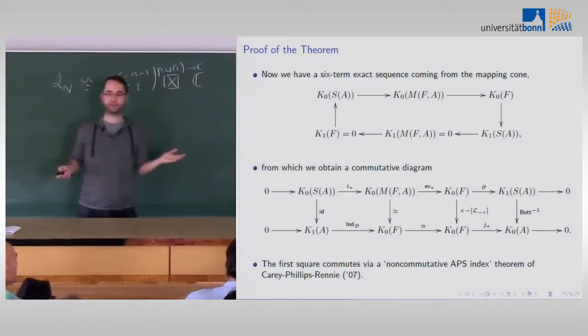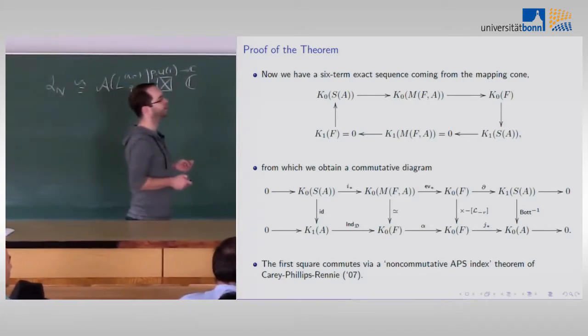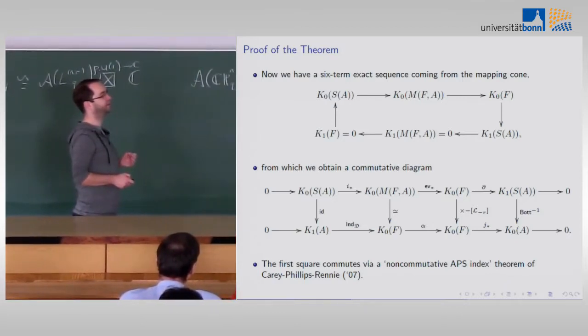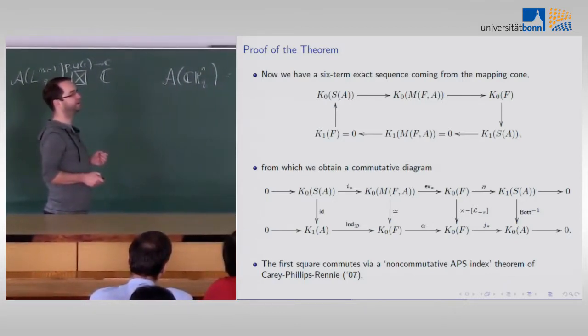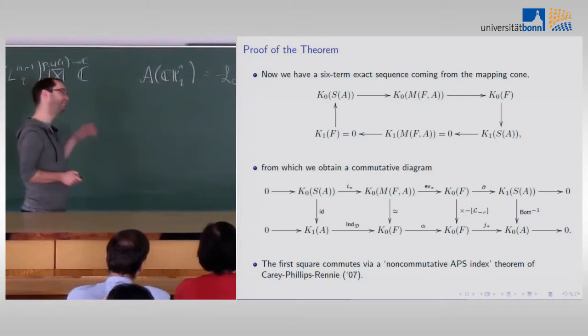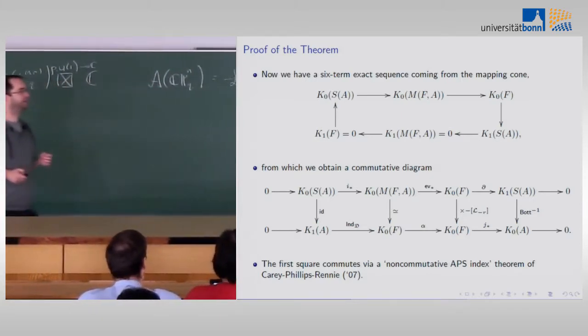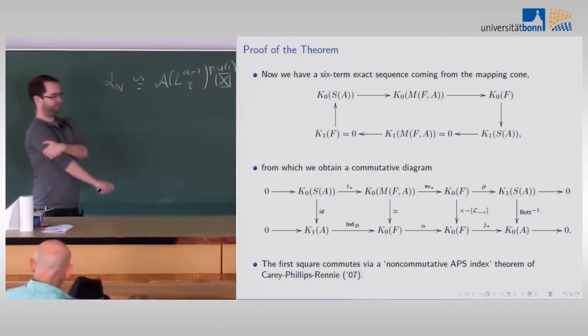We have an exact sequence. Bingo. Here's the one we started with, the index map, multiplication by the Euler class, and then this, what we think of as a pullback map, push forward if you like. And we would like to relate these two sequences. Brilliant.